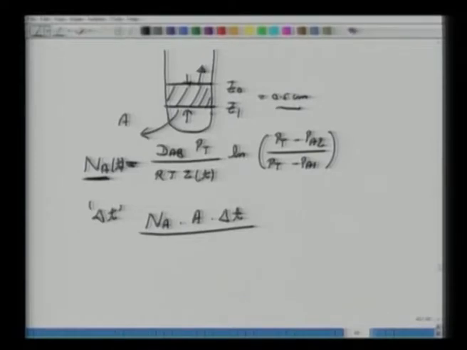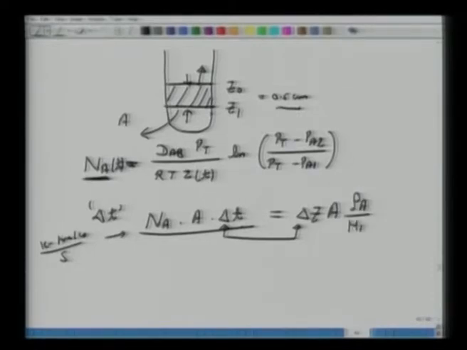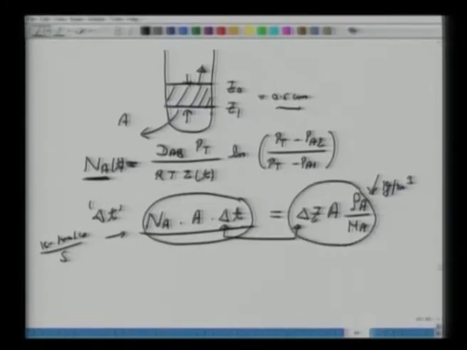In 1 second, so many moles of A diffuse over this del T. Now, this is nothing but how much level has dropped in this del T time, which is del Z into area. This gives you the differential volume, multiplied by the density of ethyl acetate divided by the molecular weight to make it moles per second. The total moles of A evaporated over del T equal the quantity of ethyl acetate which is lost between Z0 and Z1.